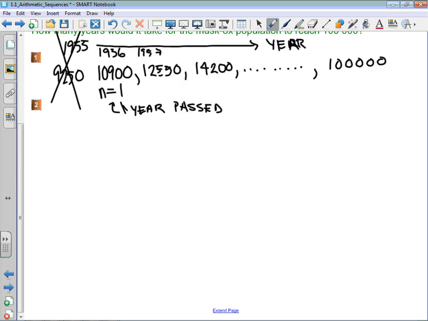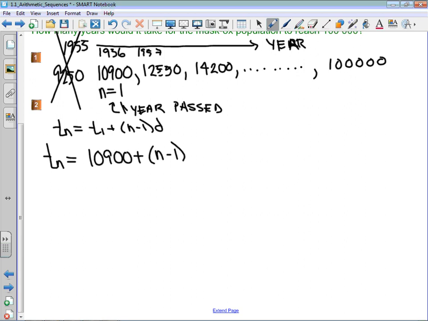So I'm going to say that Tn, which is term 1 plus n minus 1 times the common difference, means that Tn is equal to 10,900 plus, we don't know n yet, so we're going to leave it as is, and then the common difference was the 1650. Now again, I think it's better to simplify this. So I'm going to say that Tn is 10,900 plus 1,650n minus 1,650.